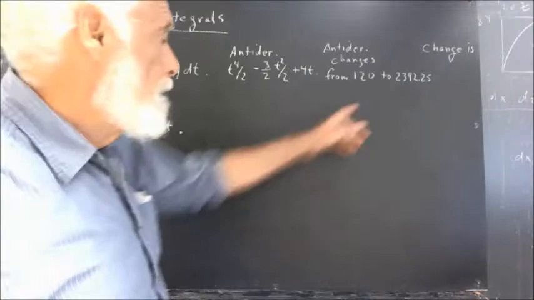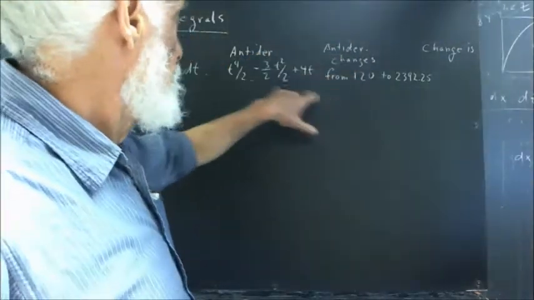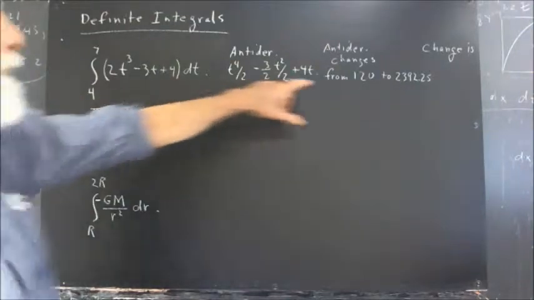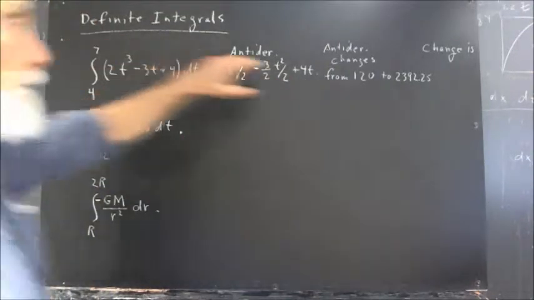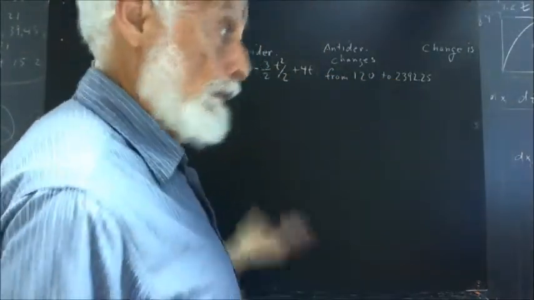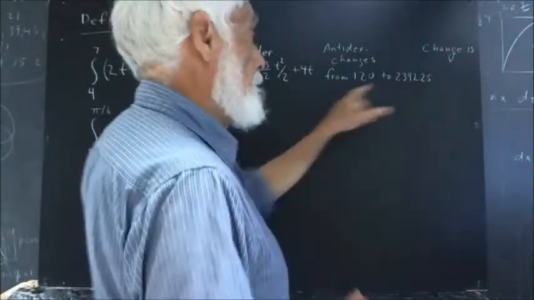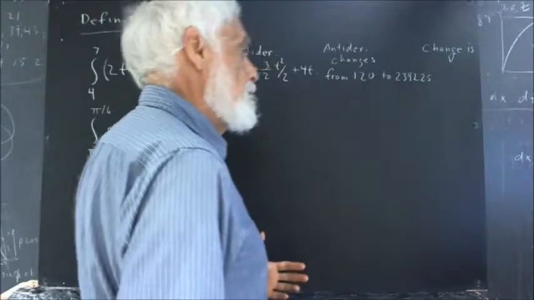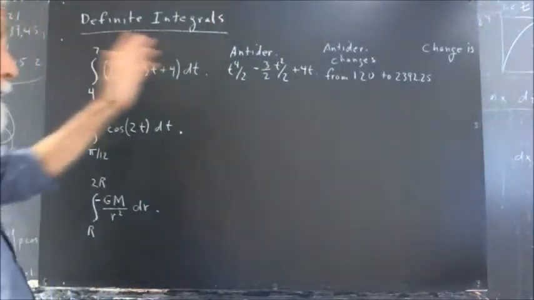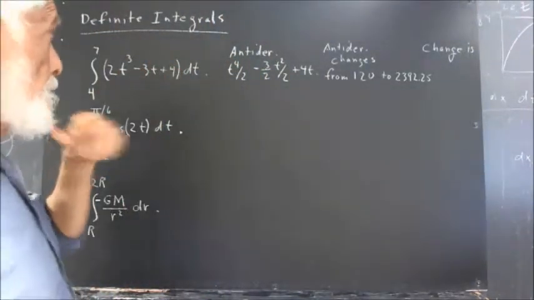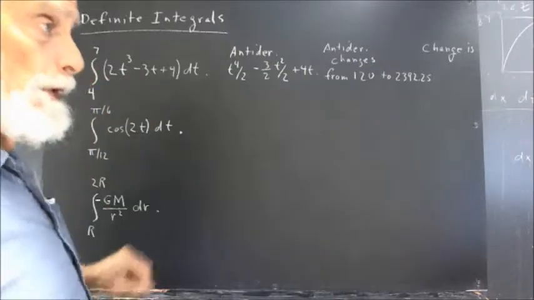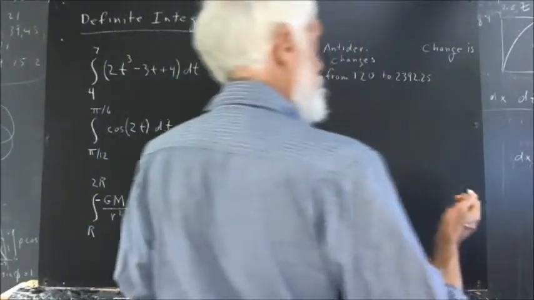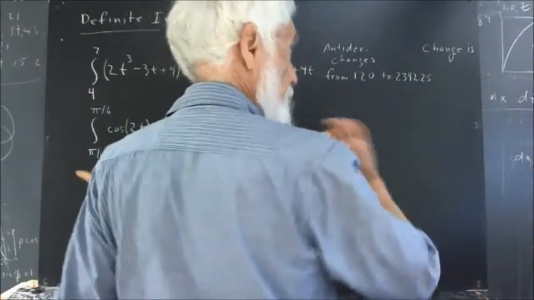If I've got those numbers right, the antiderivative evaluated at t equals 4 is 120, and at t equals 7, 2392.25. Since we don't know what the function actually represents, we include all the significant figures. So the change is this minus this.